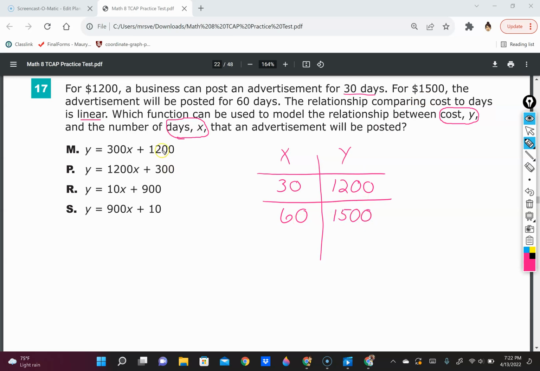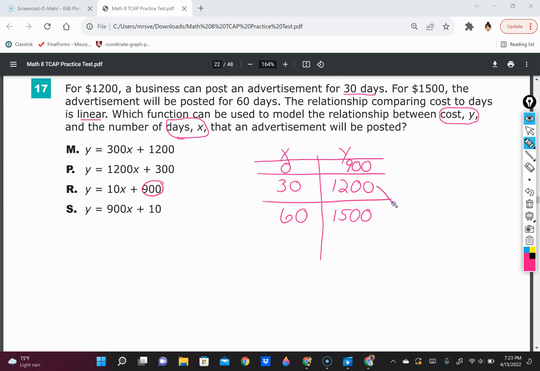We could find the b by working backwards. You can see how the x's are increasing by 30. So if we go backwards 30, that would give us our starting point, our y-intercept. And you can see here that you are increasing by 300. If I go back 300, that would be 900. 900 would be my starting point.